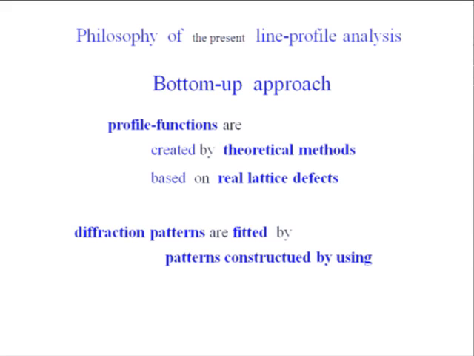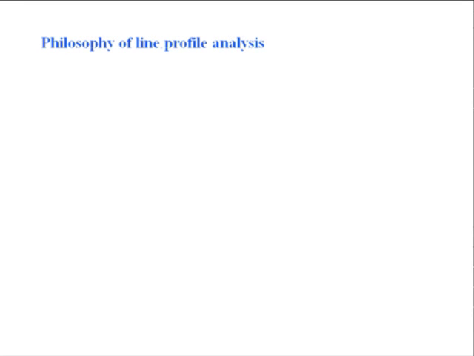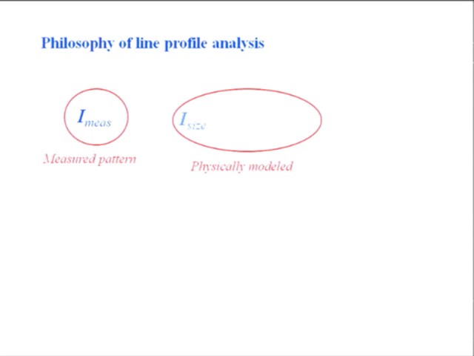The diffraction pattern is then fitted by patterns which are constructed by using these defect-related profile functions, just as Matteo has shown. Now the philosophy, just to repeat that: we have a measured pattern, we have physically modeled profile functions for the size, for the strain, for planar defects, planar faults, and we have instrumental effects and a background.